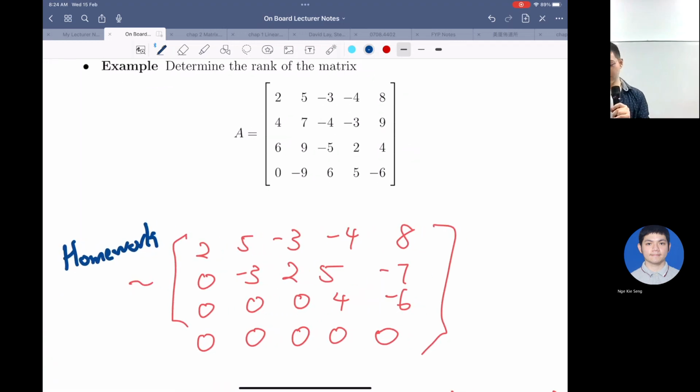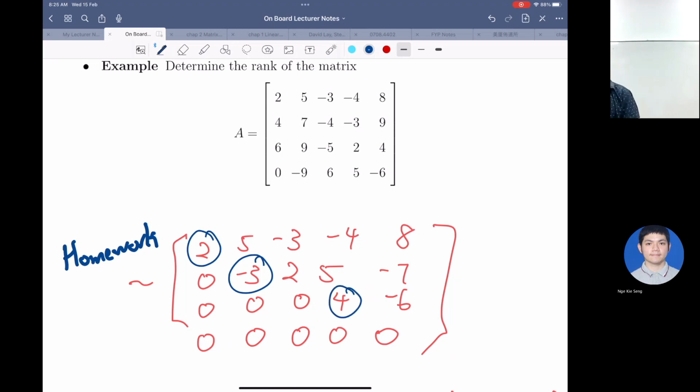If I have this echelon form, where are the pivots? How many pivots do I have? 3. Okay, what's the first one? 2, -3, and then 4. Good.